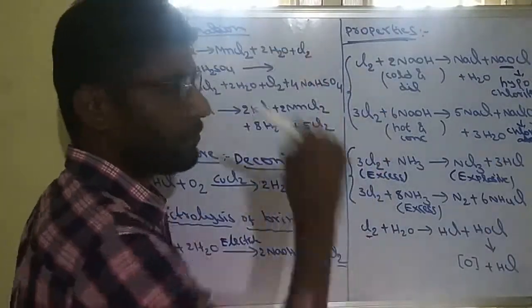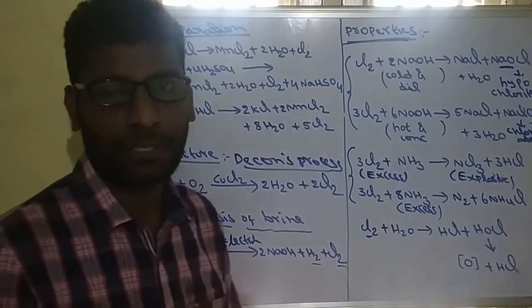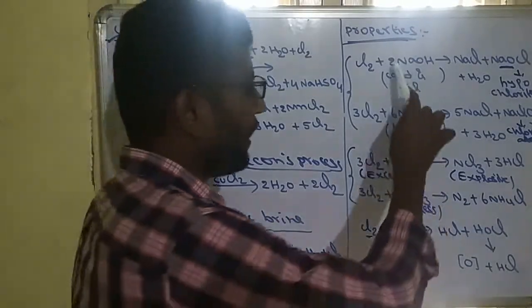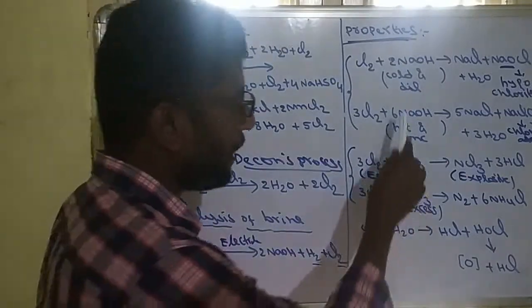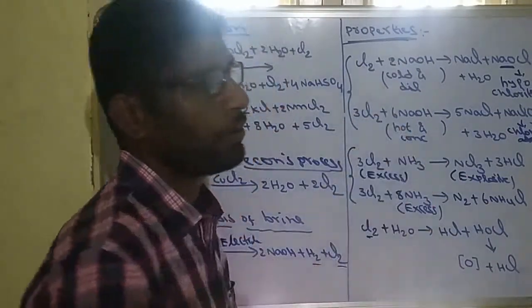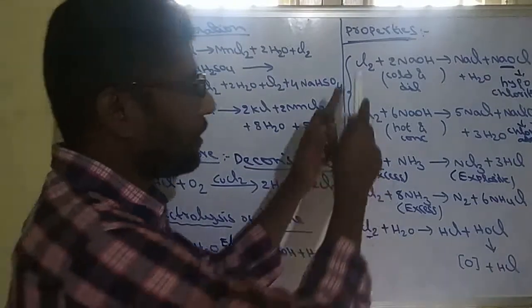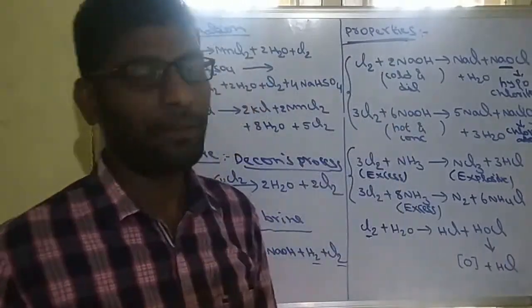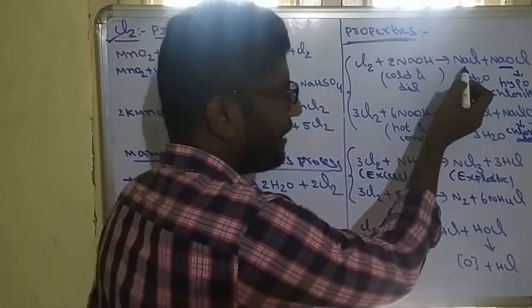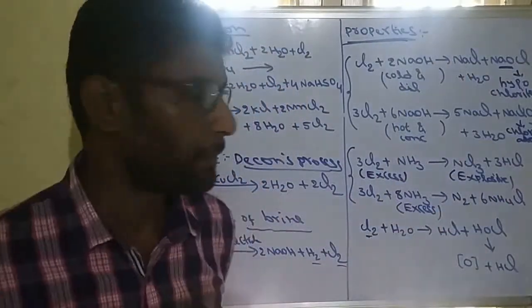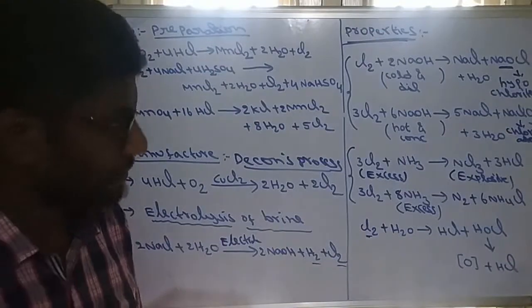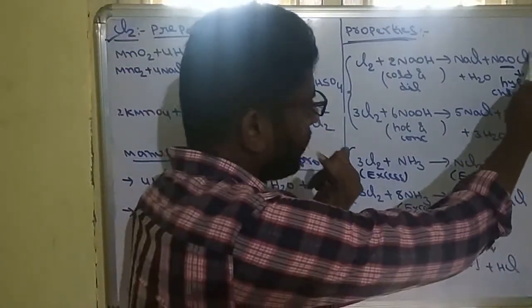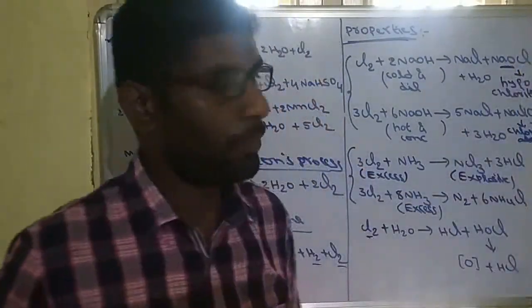Chlorine combines with NaOH in two ways: when NaOH is cold and dilute, and when NaOH is hot and concentrated. If chlorine combines with cold NaOH, the products are NaCl and NaOCl. NaOCl is sodium hypochlorite; OCl minus is the hypochlorite ion.